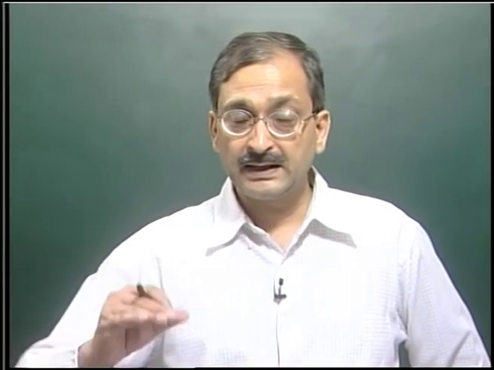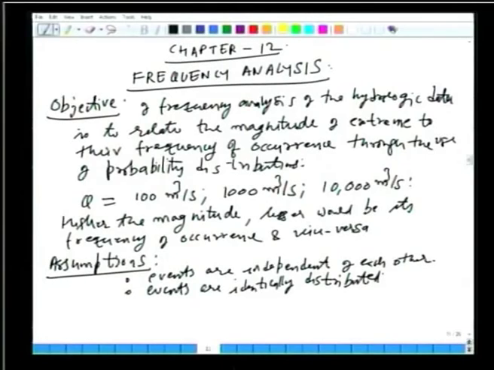The characteristics in the catchment, or the pattern in which these random events are generated, are governed by the same probability distribution. So, there should not be any major changes in the characteristics of the catchment, such that we can assume that the data come from the same population and that population follows a particular probability distribution. So, these are the assumptions basically so that we can apply the principles which we have.